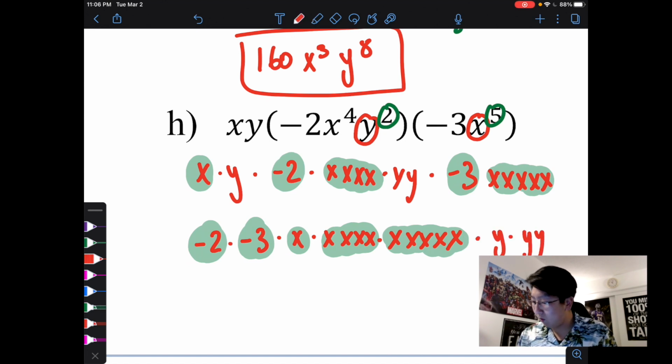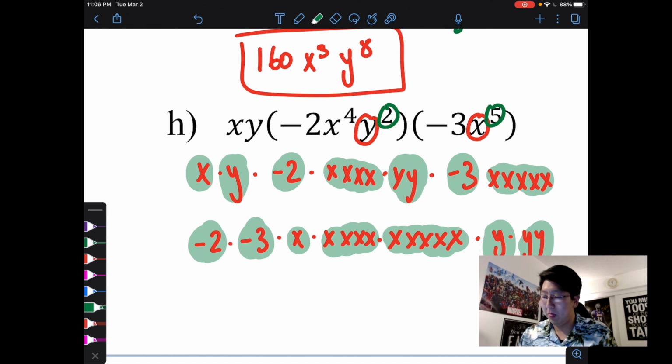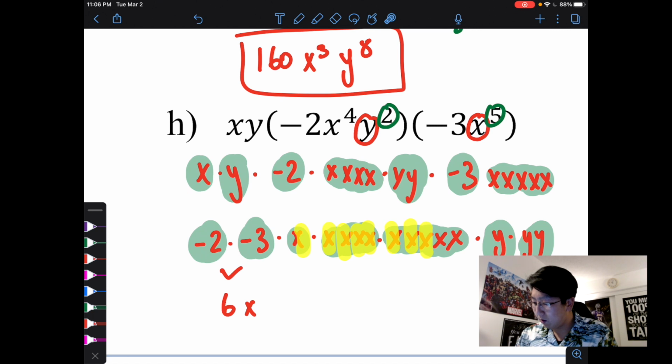Now I need to reorder the y, so y times y times y. And so I have everything accounted for. I reorganized, and now I just multiply like terms, right? -2 times -3 is 6. x, 1, 2, 3, 4, 5, 6, 7, 8, 9, 10. So x to the 10th power, and y to the 3rd power. 1, 2, 3.